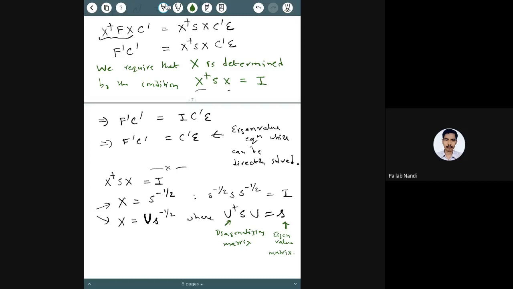So you're stuck. So the problem here is that even in Fc equal to SCE, you have two sets of unknowns. You have the coefficients and you have the energies. And the only form of equation we know where we get both these things together is if it is in eigenvalue form.